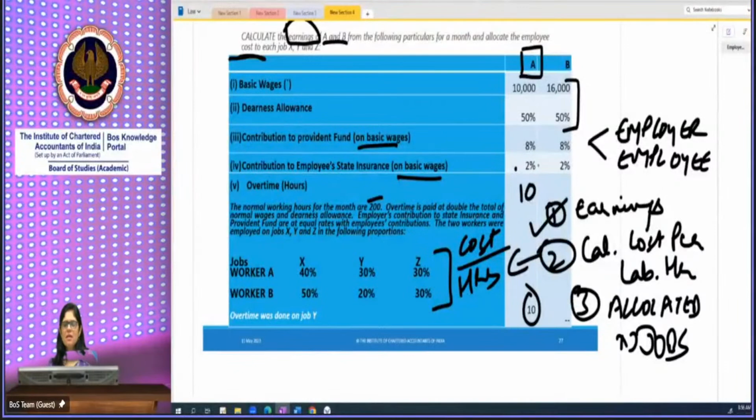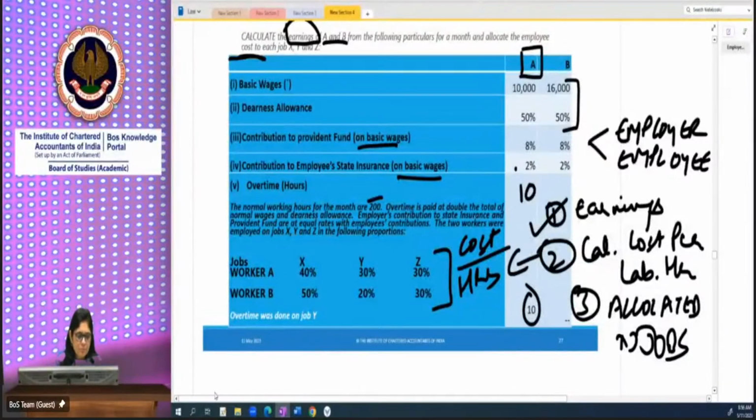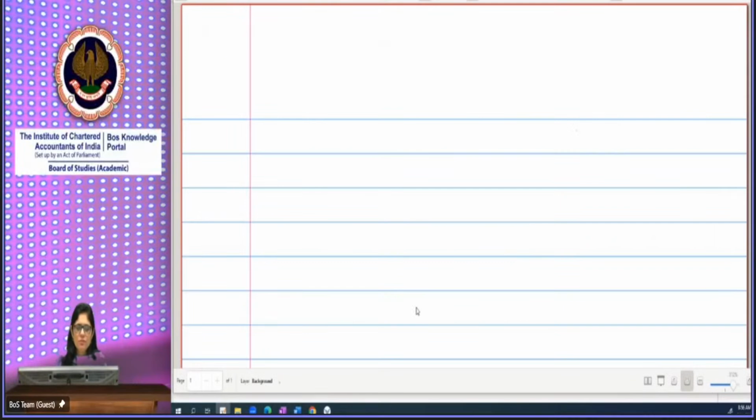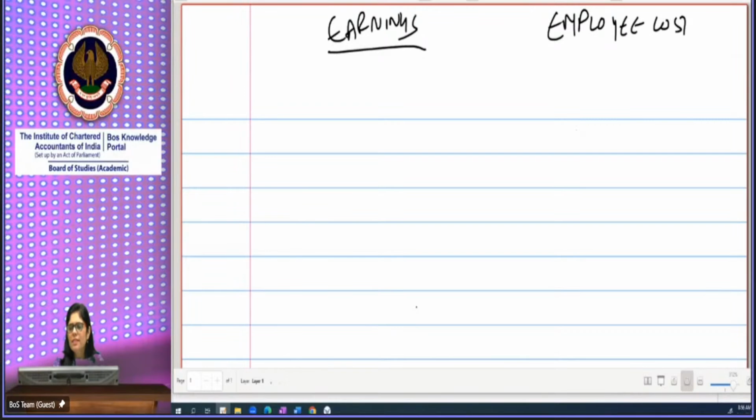Clear? So let's first calculate the earnings which will be given to A and B. Now let me clear one thing for you. Whenever we are calculating earnings, and this is employer cost, labor cost or employee cost, both things are slightly different. Earnings means basic.